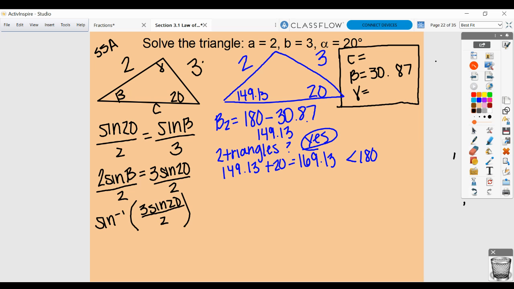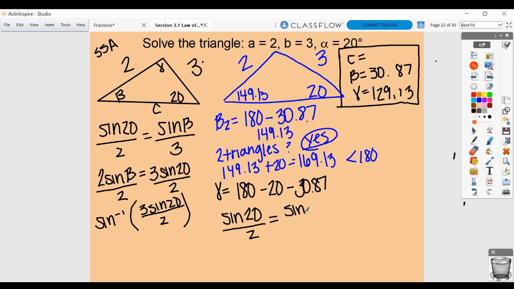So you can go ahead and just finish solving the first triangle. You can find gamma by taking 180 minus 20 minus 30.87. And you get 129.13. And then do another law of sines setup.